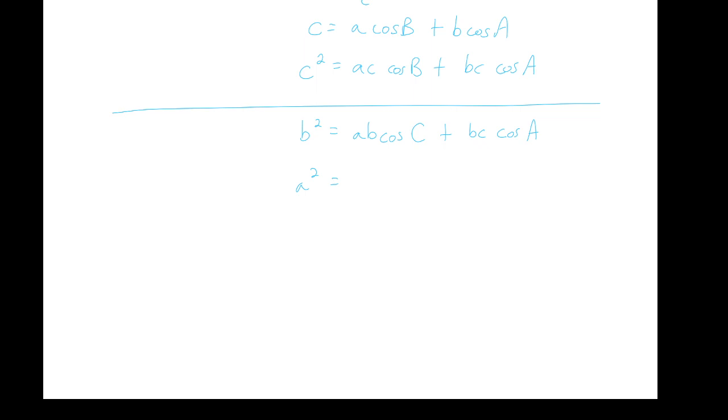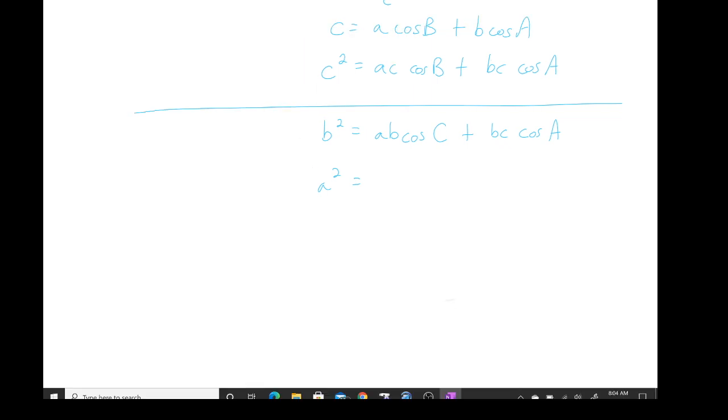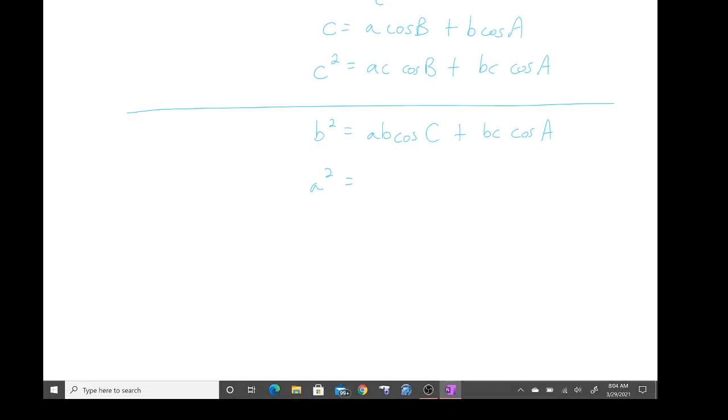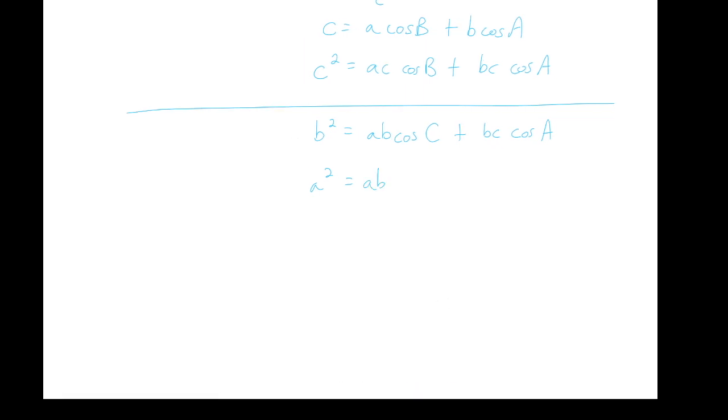So if it's capital B, the other two sides are A and C. So for A squared, we're going to go AB times the cosine of capital C plus AC times the cosine of capital B. And remember, for A squared, A is going to have to be incorporated into each of these terms. For B squared, B is going to be incorporated into each of these terms.